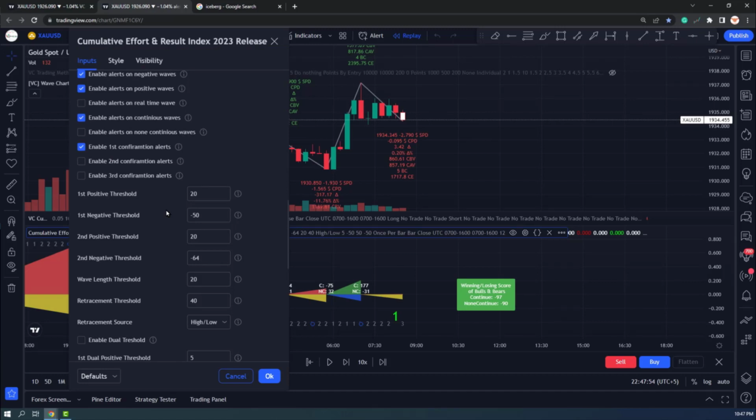Alerts are based on these inputs, these data, these results. So if you reduce these inputs, you can get false alerts, false signals. So you need to concentrate. You need to pay attention when you set alerts based on these inputs.